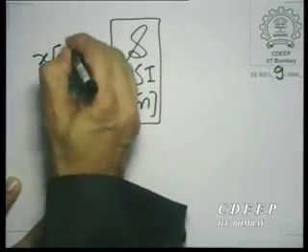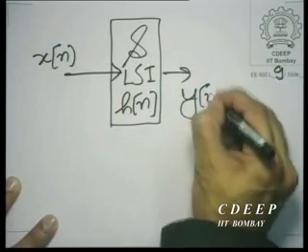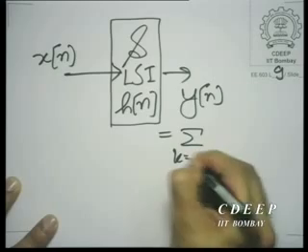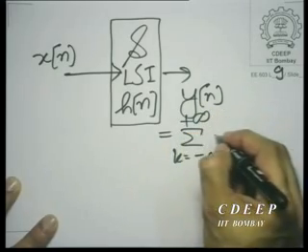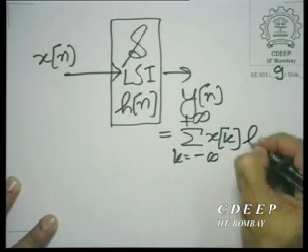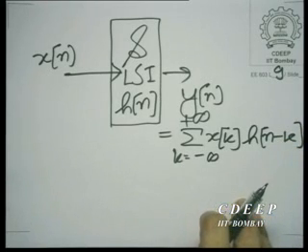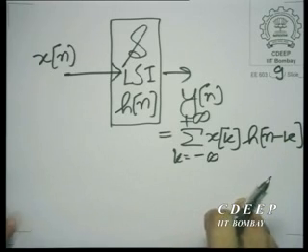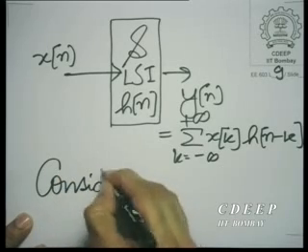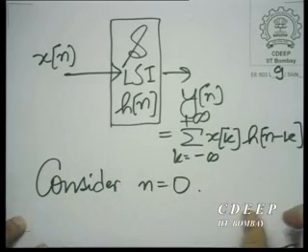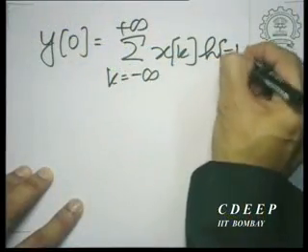We gave an arbitrary input x[n] and noted that the output y[n] in general is the summation over k from minus to plus infinity of x[k] h[n minus k], or h[k] x[n minus k], whatever you please. Now in particular we said consider n equal to 0. For that n, y[0] is the summation over k from minus to plus infinity of x[k] h[minus k].